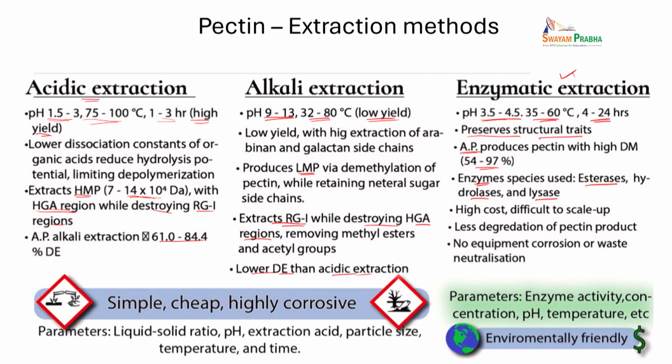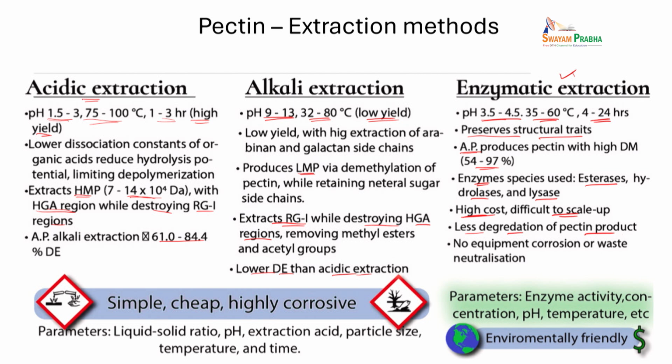As one would expect, enzymatic extraction is going to be quite expensive, because you need active enzymes, so purification of enzymes is quite costly, and doing it at large scale is also a challenge. However, the advantage is that you have much less degradation of pectin from the native state.